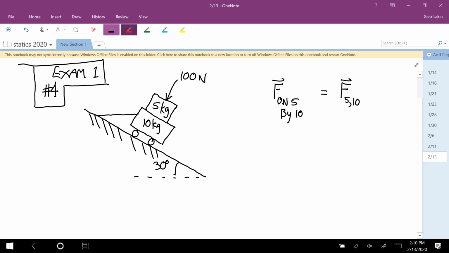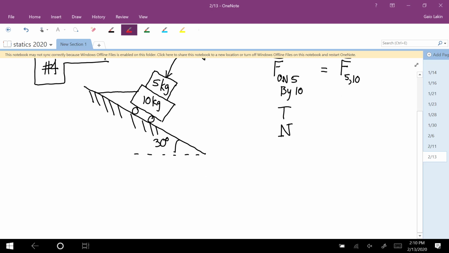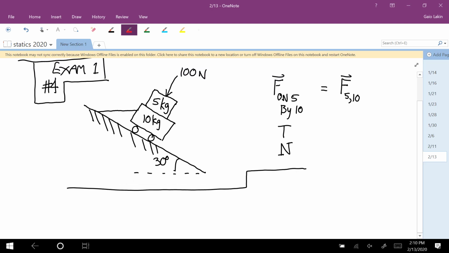We want to calculate the force applied to the 10 by the cable, so I'll think of that as just the cable tension. And we want to calculate the normal force applied to the 10 kilogram by the incline. Okay, well, let's just do them in order.